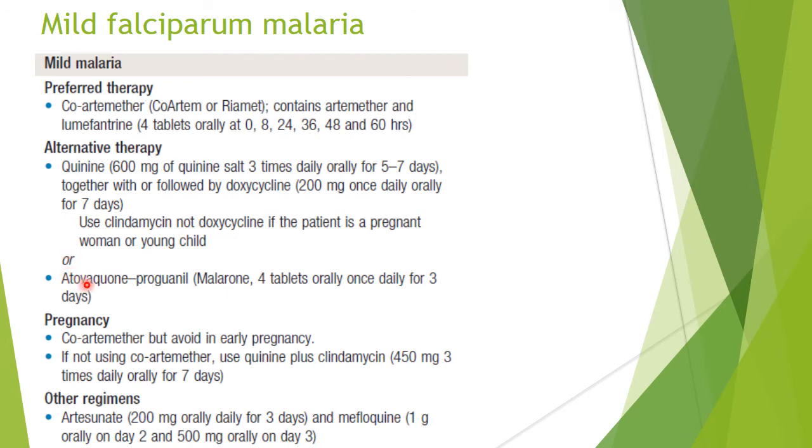Or the alternative is atovaquone-proguanil, or Malarone tablet, 4 tablets orally once daily for 3 days. If the patient is pregnant, we can use co-artemether or quinine plus clindamycin. Other regimens are also present, like the artesunate and mefloquine regimen.